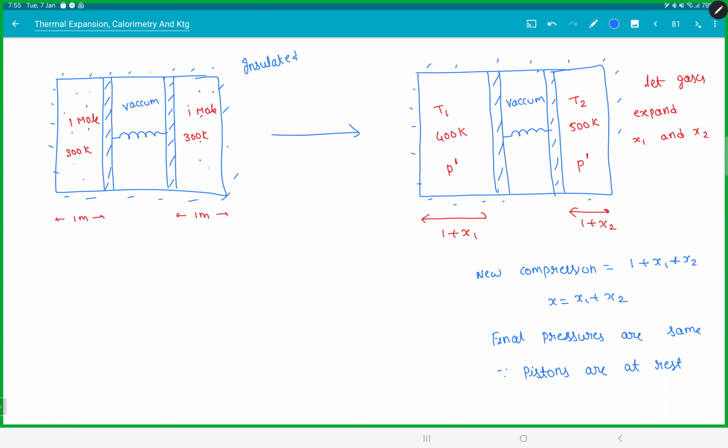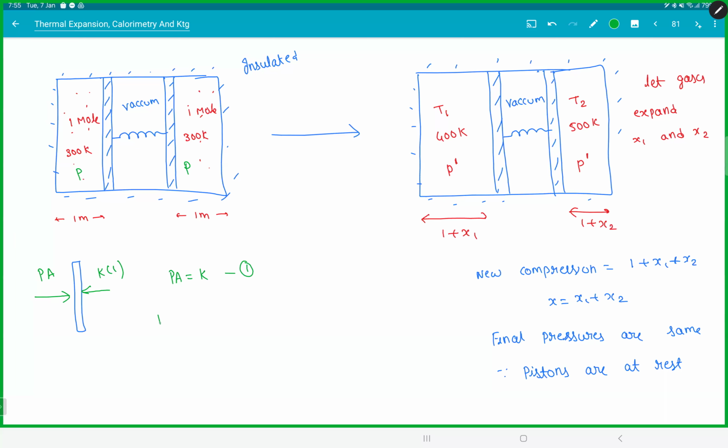If you try to draw the FBD for the initial piston, what is the FBD? Now I don't know the initial pressure either, so let the initial pressure be P. This is also P. So this side would be P into area. Area I don't know. The spring force will be K into 1. So we get P into A equals K. This is equation 1.